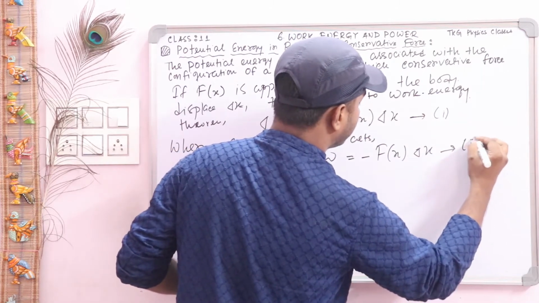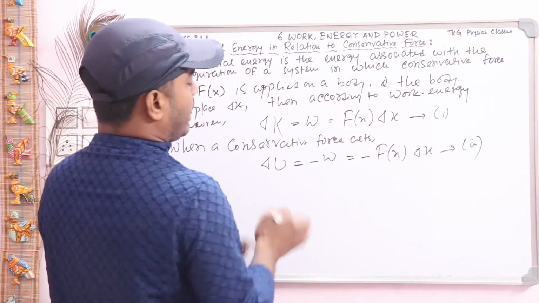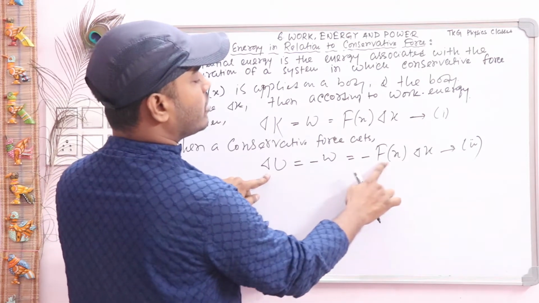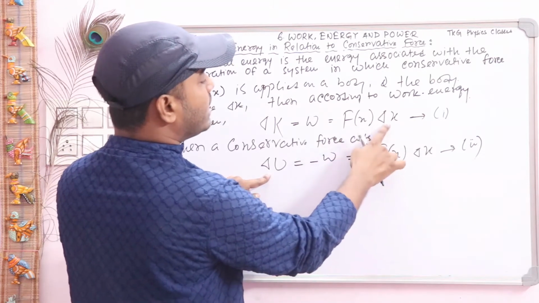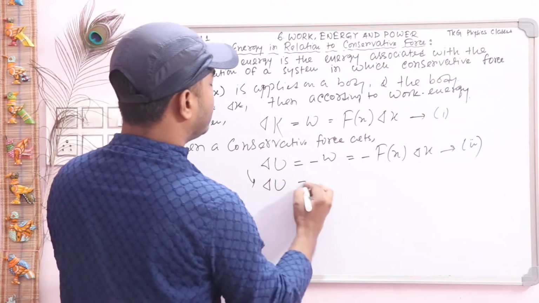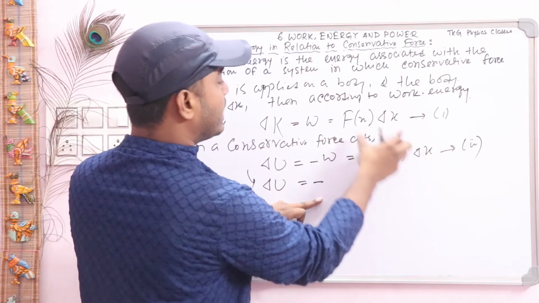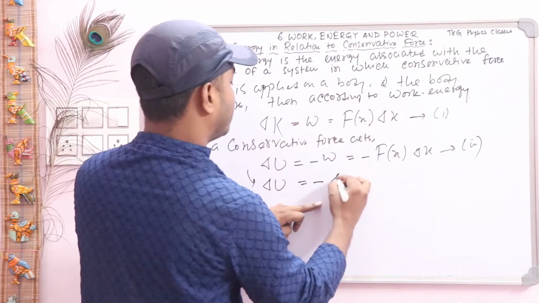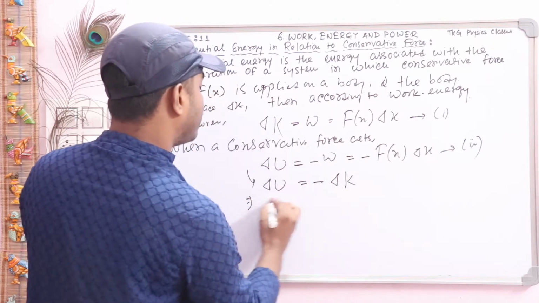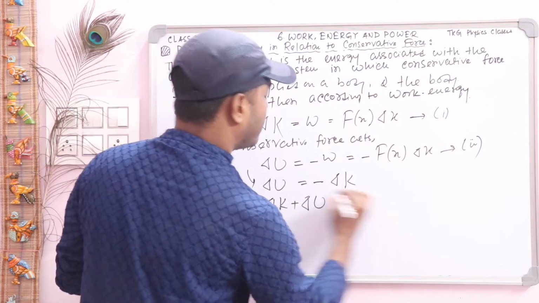Suppose this is our equation number 2. Now you just compare equation number 1 and 2. Here del U is minus Fx del x, and Fx del x is del K. So if we use equation 1, then you can write del U is equal to minus Fx del x, that is del K. So from here you can write del K plus del U is equal to 0.